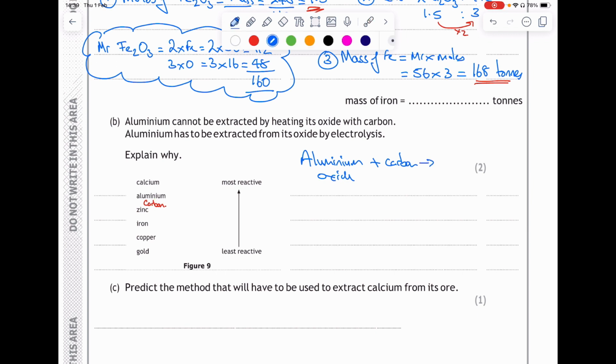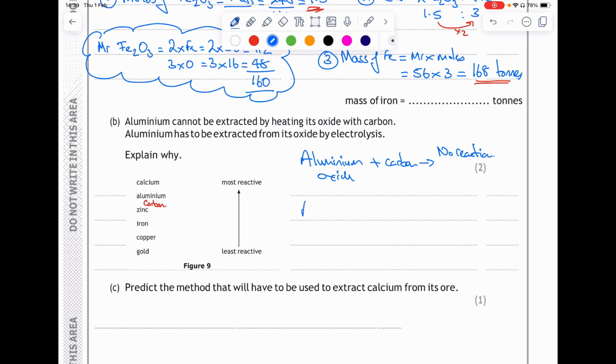So when these two react together, this means that the carbon is not reactive enough to get the oxygen from this. So this, if it was to happen, would not lead to any reaction taking place. So it doesn't work.